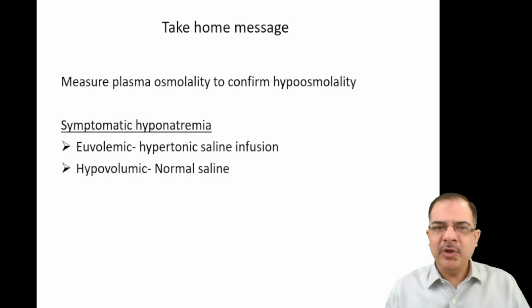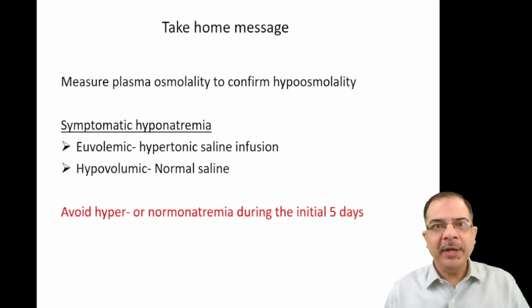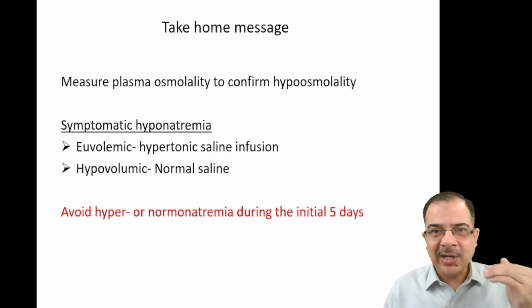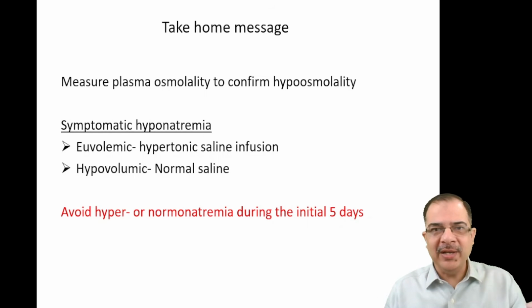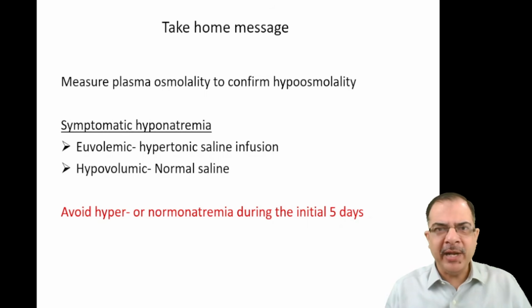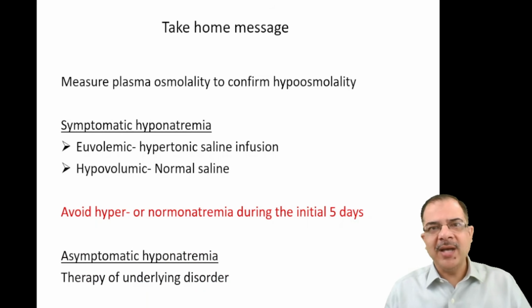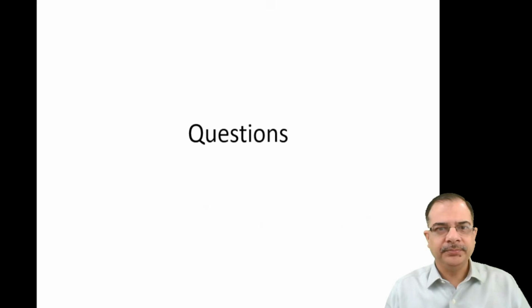And if it is hypervolemic, it should mainly be water restriction. Avoid hypernatremia or normonatremia during the initial 5 days. Make it a rule that in the initial 5 days you do not correct the sodium to a normal limit. Keep the patient hyponatremic. In asymptomatic hyponatremia, treat the underlying disorder.